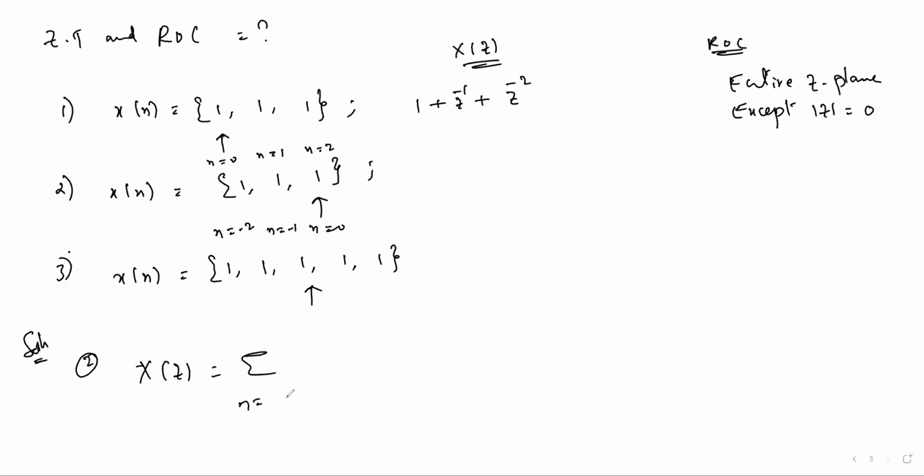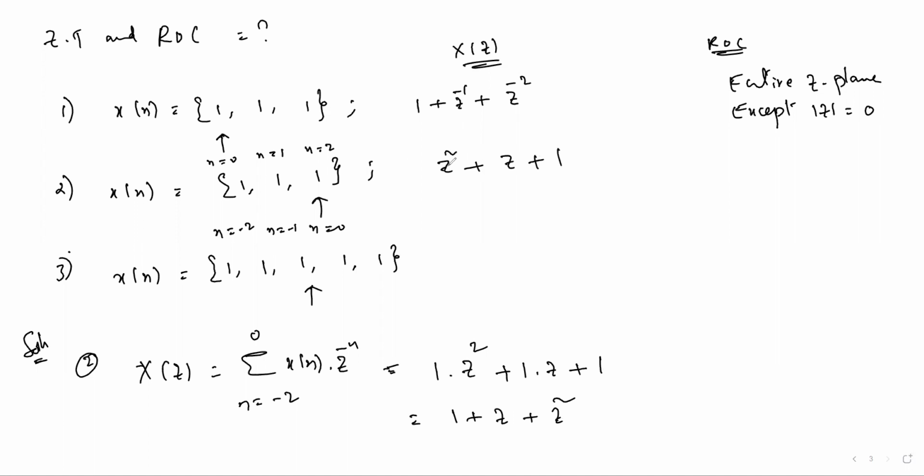So it is n from minus 2 to 0, x of n z raised to minus n. Then the first element at n value minus 2 is 1, minus of minus 2 that is 2, z square. Next, z. Next, 1 into z to the power of 0, 1. What I get: 1 plus z square. So for the second function, z square plus z plus 1 is the z transform.